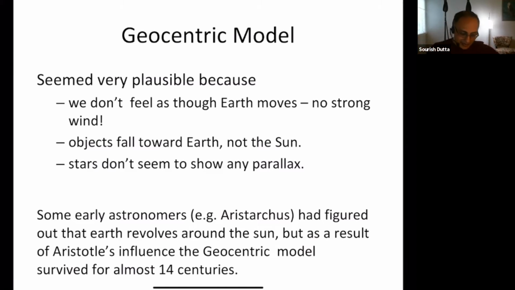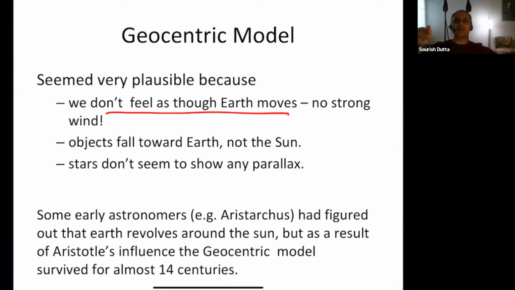So some of the reasons why people believed in the geocentric model was that it doesn't feel like the Earth is moving. In those days, people's only experience with motion, and particularly fast motion, would be riding a horse, right? So that's the fastest mode of travel.